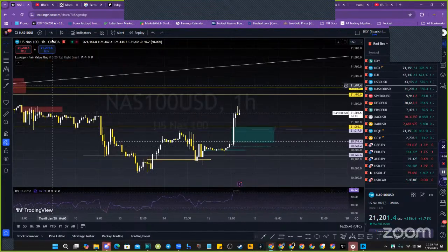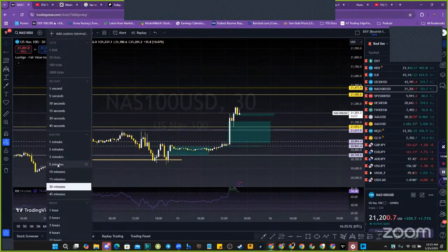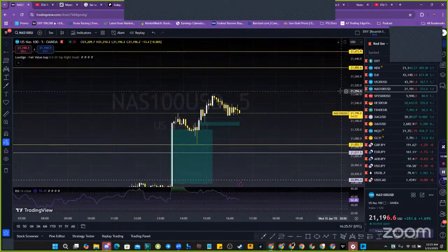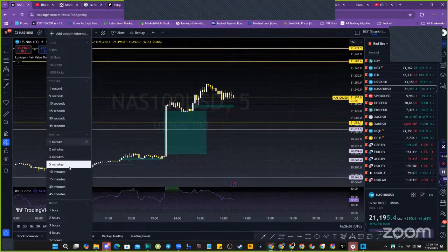Because I do want to trade Nas, I'm going to be patient, see what that does first, and wait till it finds a support that I can take a trade on.